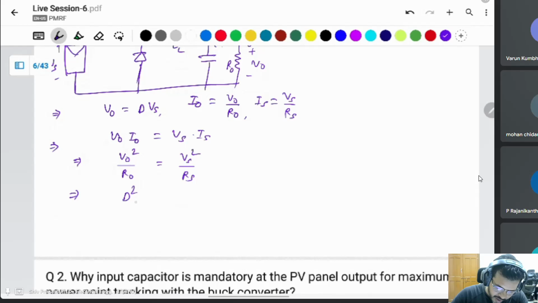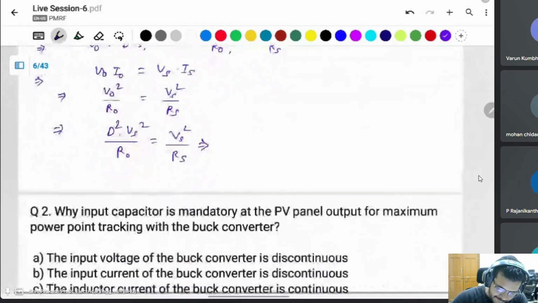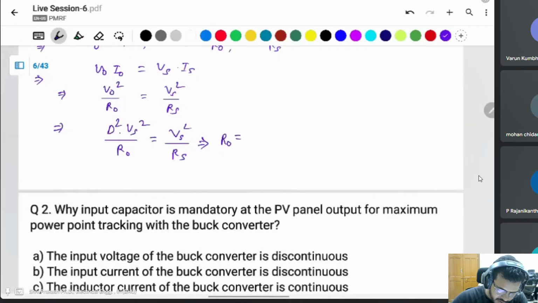This will be d square into Vs square divided by R naught is equal to Vs square divided by Rs. From this equation you can find the load resistance is equal to Rs into d square.